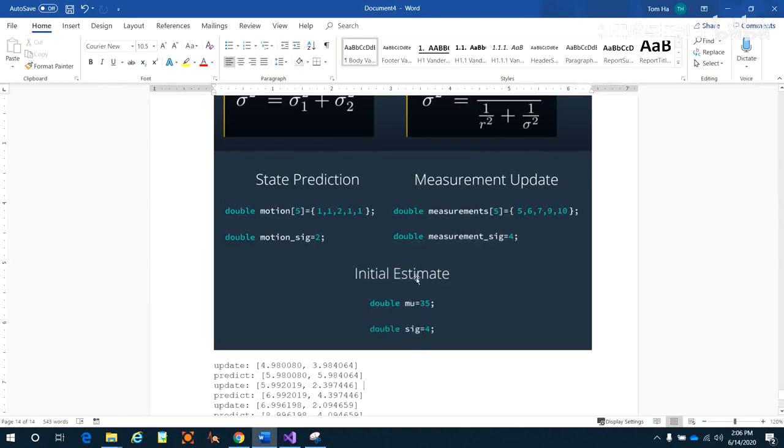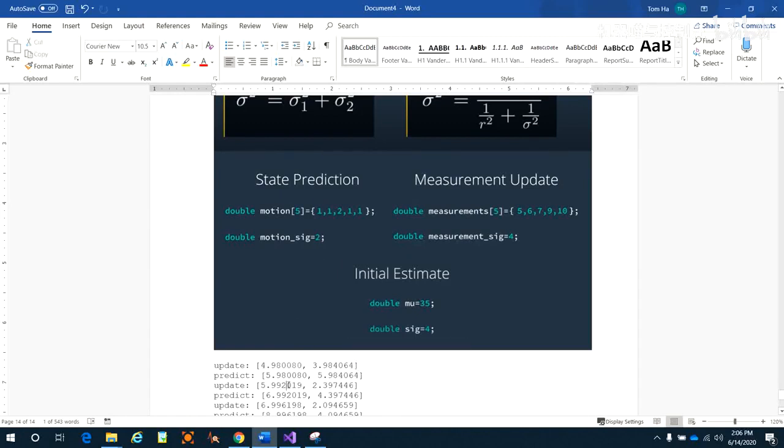So we continue. After the measurement update, the robot will predict where it will be in the next movement. For example, the next movement is 1, and the intensity of motion is 2. Using the formula, we add them together. For 4.9, we add 1 to get 5.98, and with motion 2, you add 3.9 and get 5.9.